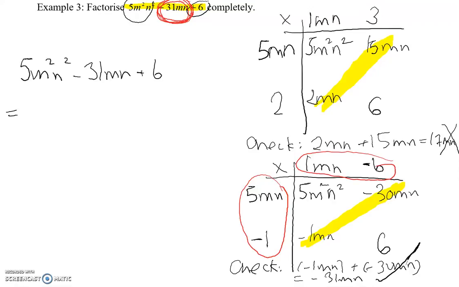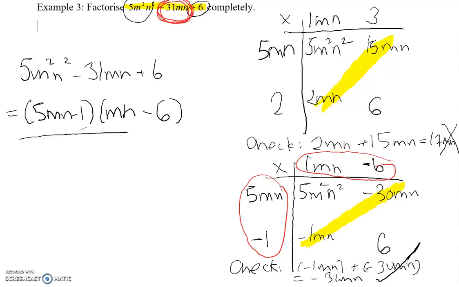And we can write these factors as a product of each other. So 5mn minus 1 in brackets, multiplied by 1mn, or we can simply write it as mn minus 6. So this is how we factorize 5m squared n squared minus 31mn plus 6.